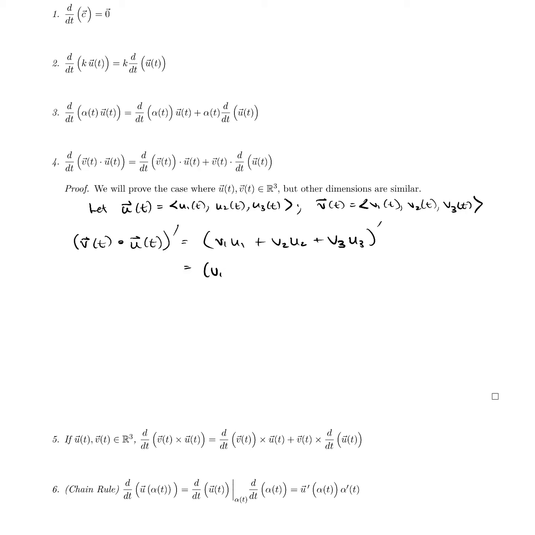We can distribute the prime onto each of those. These are functions, remember, v2, u2, those are functions of t, which means that when I go any further, I need to use product rule. So v1 prime u1 plus v1 u1 prime, v2 prime u2 plus v2 u2 prime.